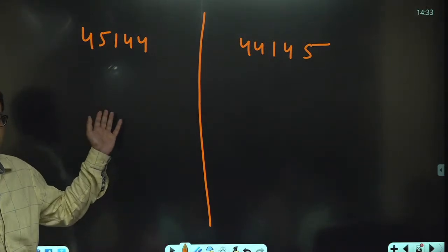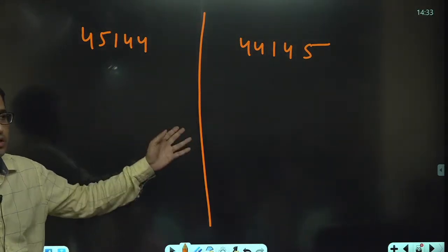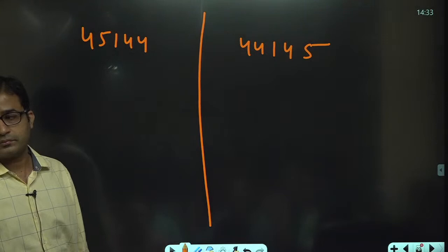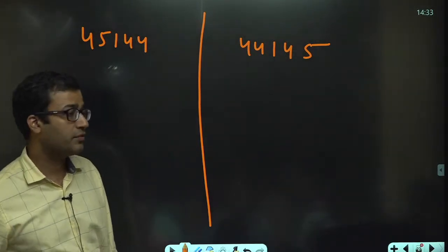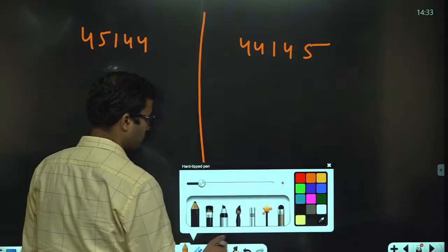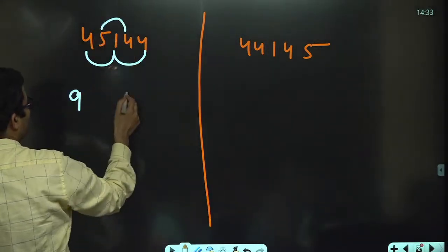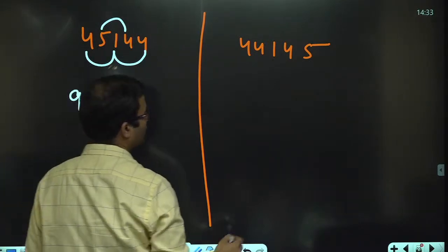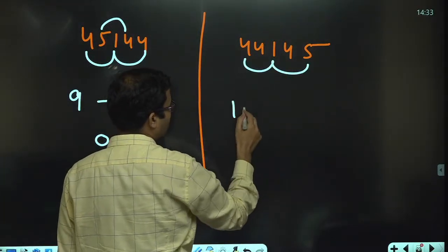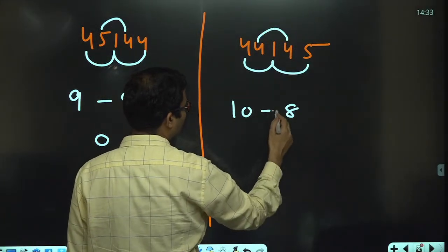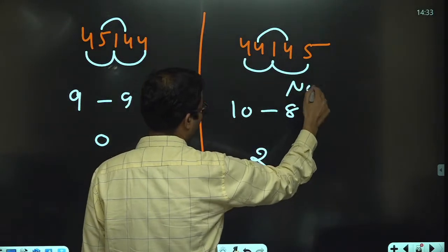Tell me, divisible by 11. Yes, no, yes, no. Second? No. 4, 1, 4, 5. 5 plus 4, 9. Difference is 0. 5 plus 1, 6. 6 plus 4, 10. 4 plus 4, 8. Difference is 2. No.